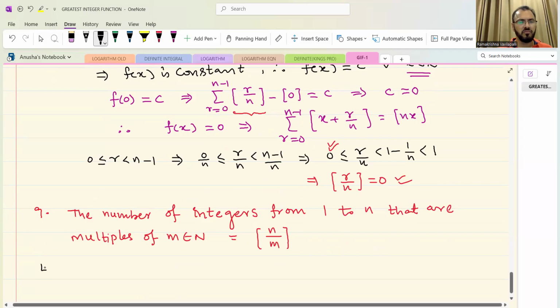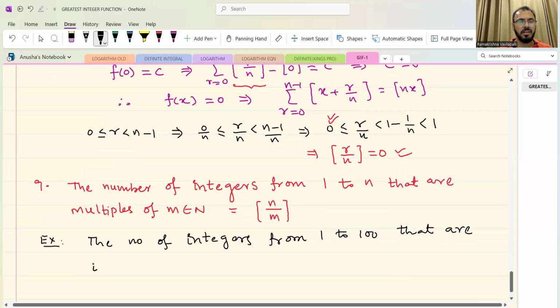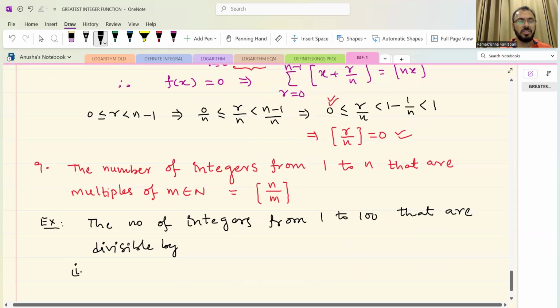One example: the number of integers from 1 to 1000 that are divisible by 3 is integral part of 1000 by 3, right?